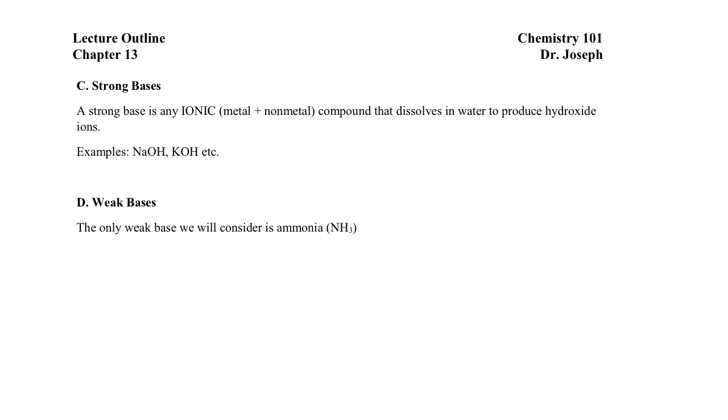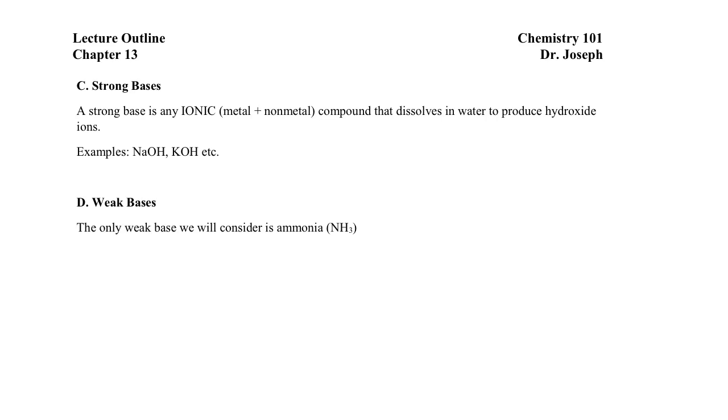So just like with acids, we also can define the strength of a base. And a strong base for our purposes, for this class, is going to be limited to those materials that can generate hydroxide in solution. We're going to stick to Arrhenius's definition for a base. So basically what we're going to say is that a strong base is any ionic compound.